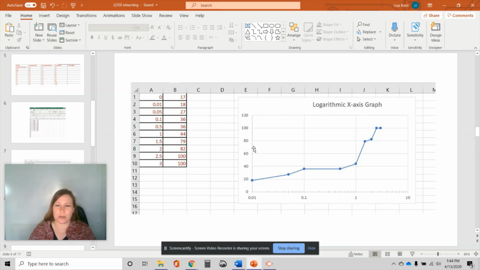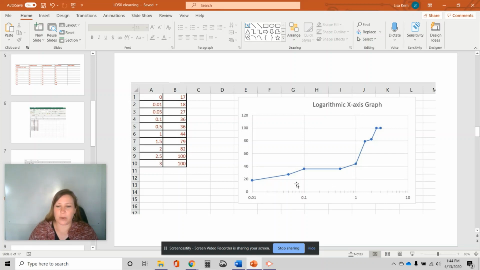So if you have a logarithmic graph, what you're ending up doing is taking, actually this is a semi-log graph, because we only did logarithms with the x-axis here. So we spread out the data to see if we can see a little bit more detail in this sort of middle section, because that's really where the important bit of information that we're trying to find is going to be located.